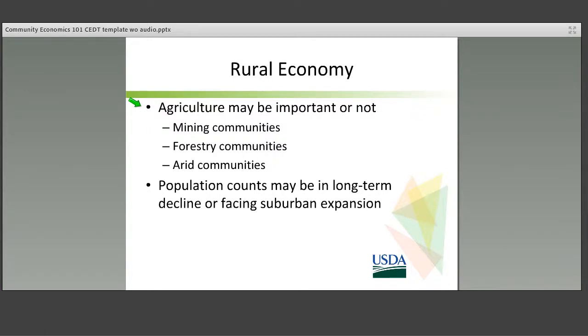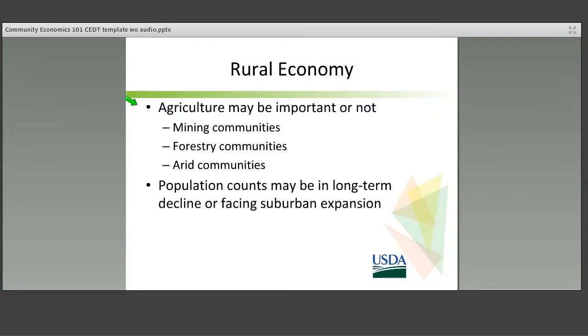Agriculture might be a very important component of the rural economy. On the other hand, we have other types of communities like mining or forestry or very dry places where it's not particularly agricultural, but still very rural. And so, how do we fit our programs into that setting? And it can be done. It's just a different set of activities that have to take place there.